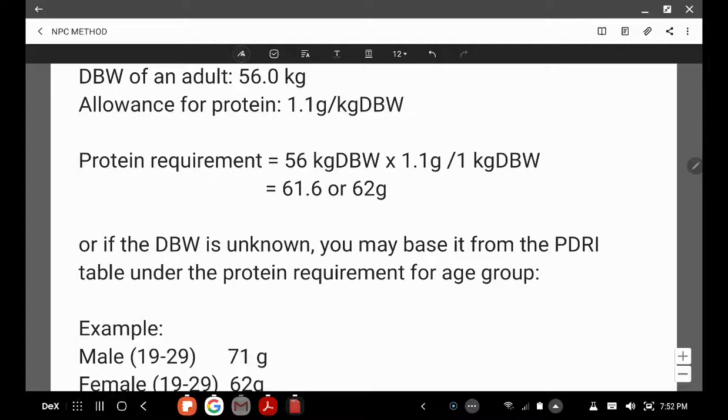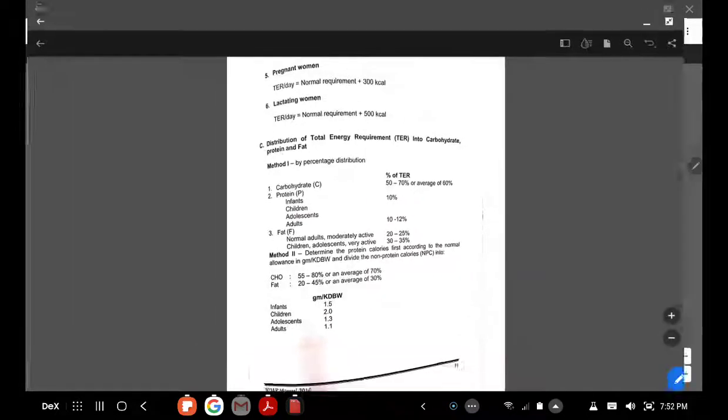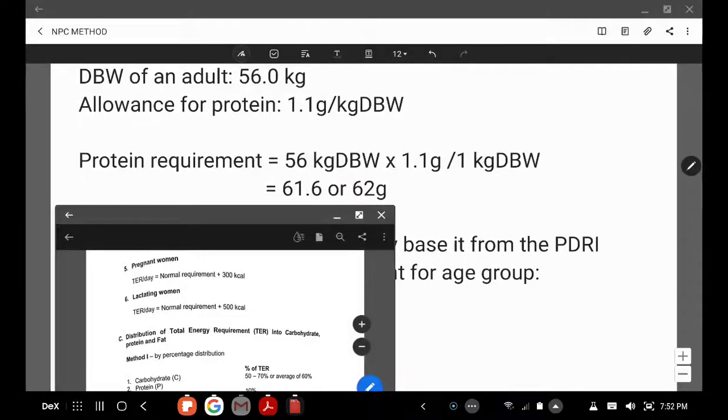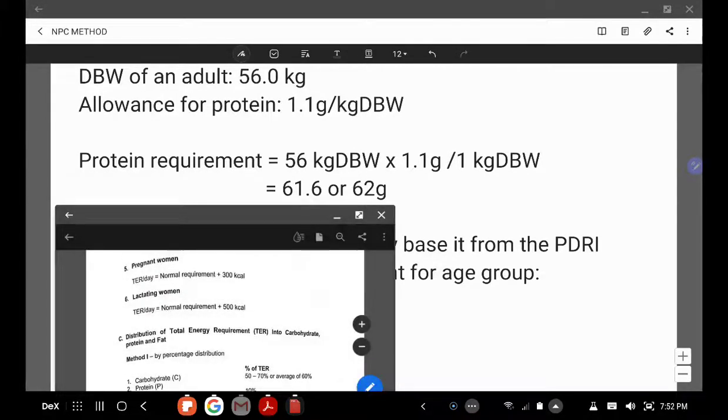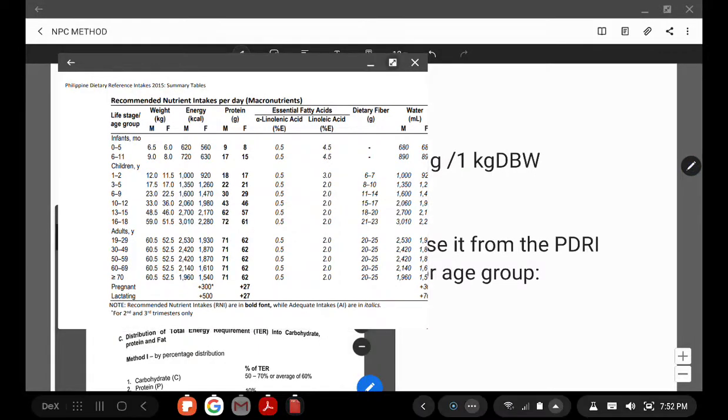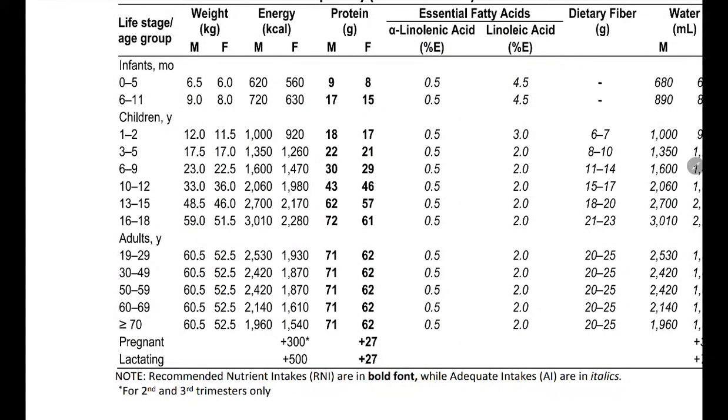Or if the desirable body weight is unknown, then you may base it from the PDRI table under the protein requirement for age group. This is our PDRI table.